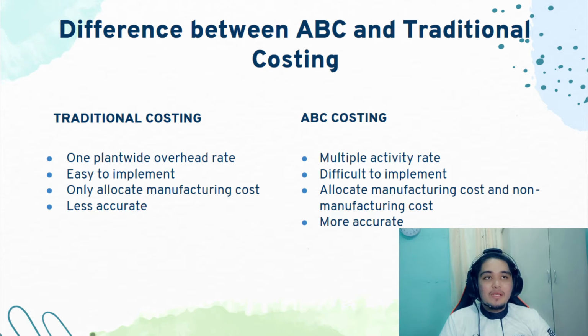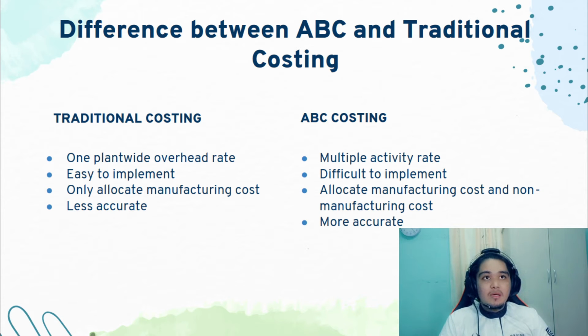For the fourth one, traditional costing is less accurate. This is because they divide overhead cost by a general basis like machine hour or labor hour. We cannot say that all activities are based on machine hour or labor hour. ABC costing is more accurate because they divide the cost pool by their cost driver.